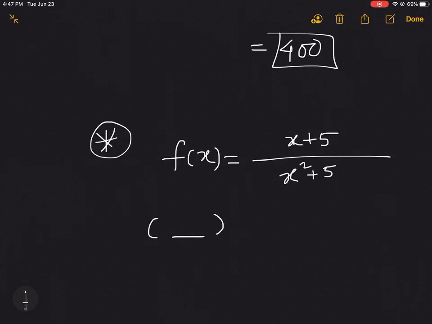Because the graph 1 over x goes from... no, that's not a right logic, because for any graph, for any fraction of this format, let's say this, it looks like the same, right?